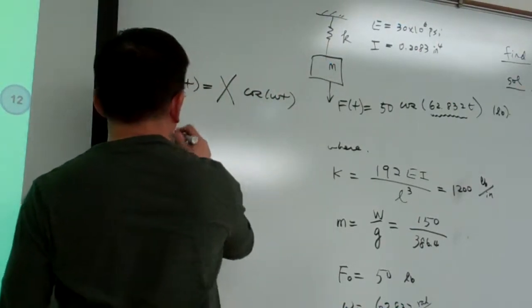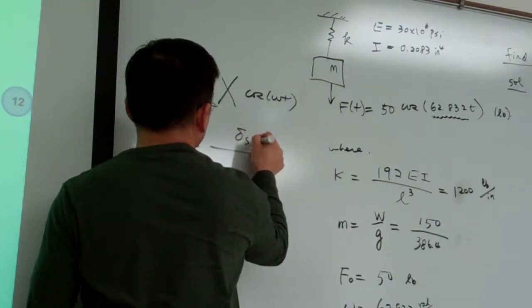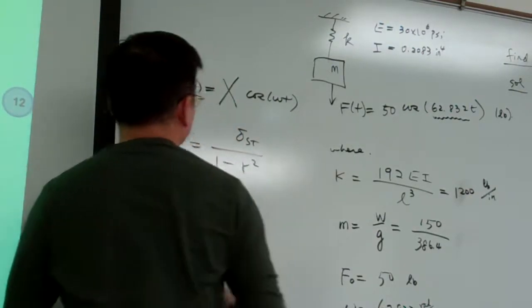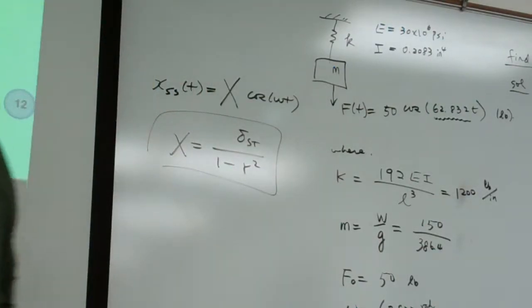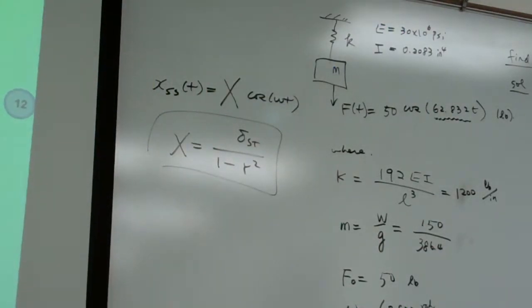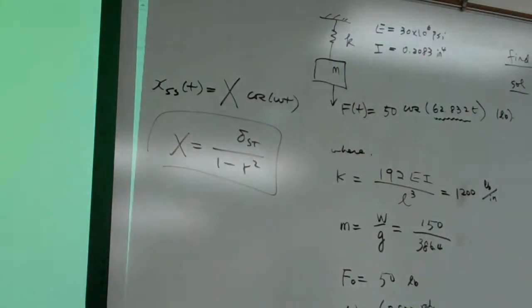And here capital X is equal to delta st over 1 minus r squared. This one is back to our very early notes here. So we start from the beginning, okay?